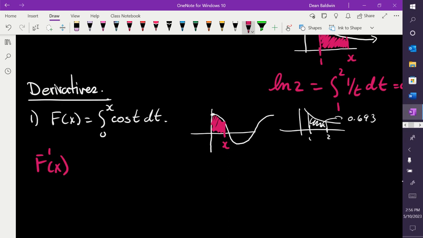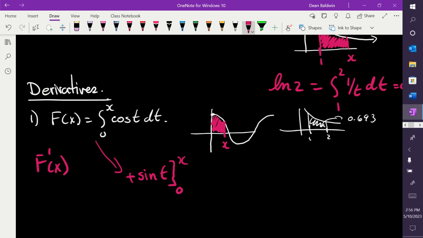The long way is, if we're going to evaluate this function, let's do the antiderivative. What's the antiderivative of cosine? Negative sine, right? Or is it sine or negative sine? Sine, because the derivative of sine is cosine. So it's positive sine. So it's sine of t evaluated from 0 to x.